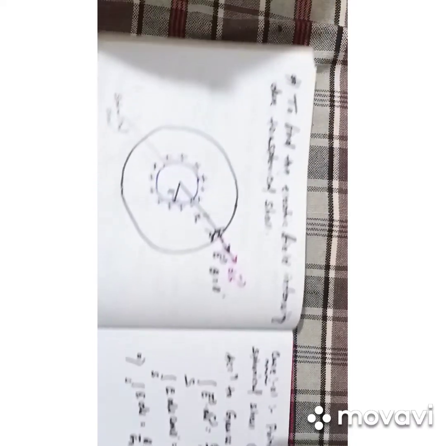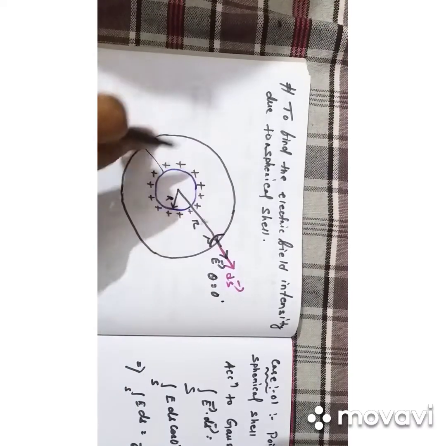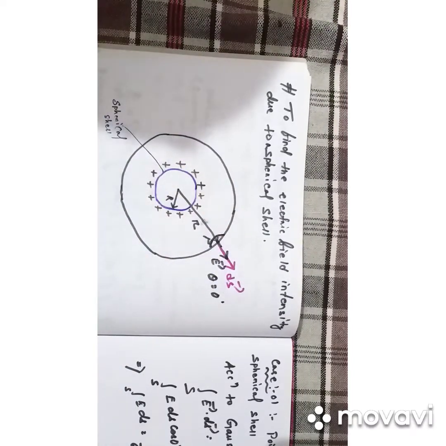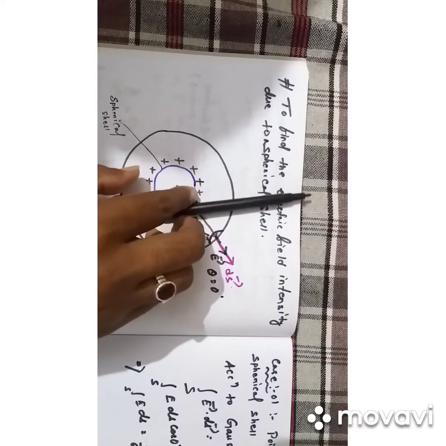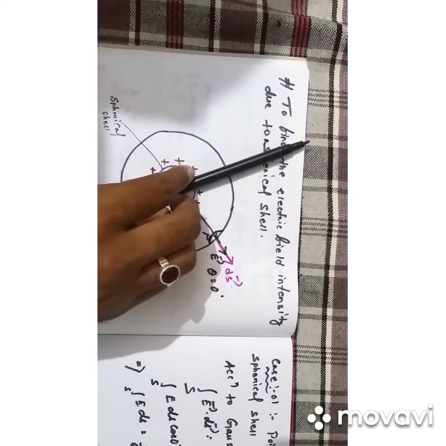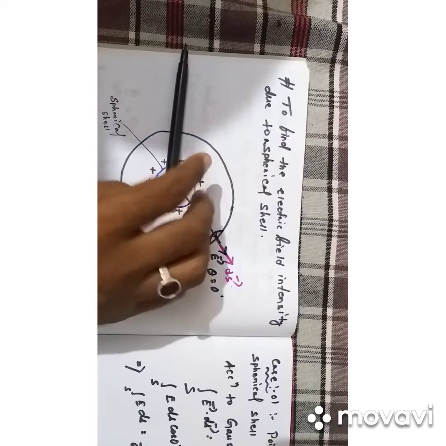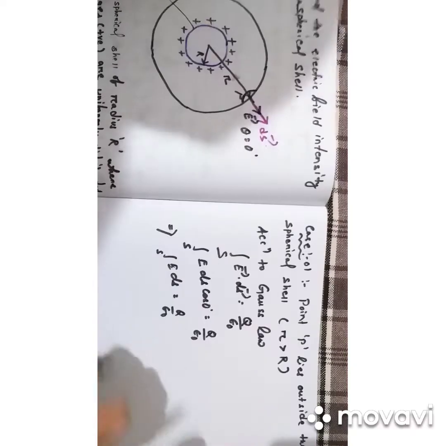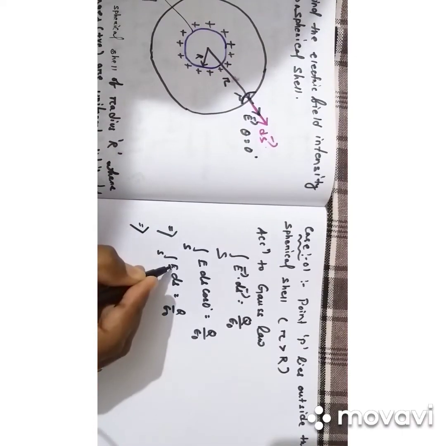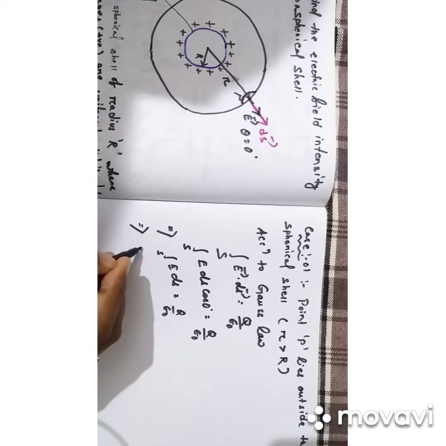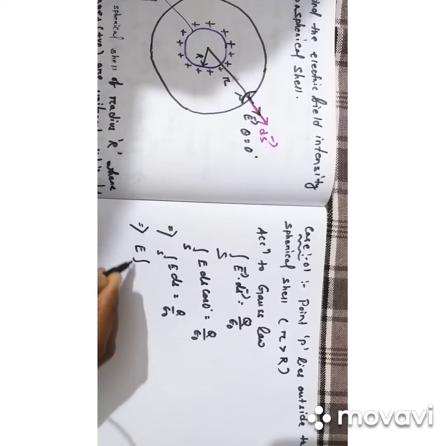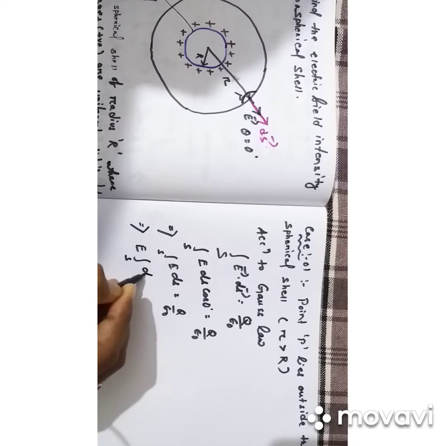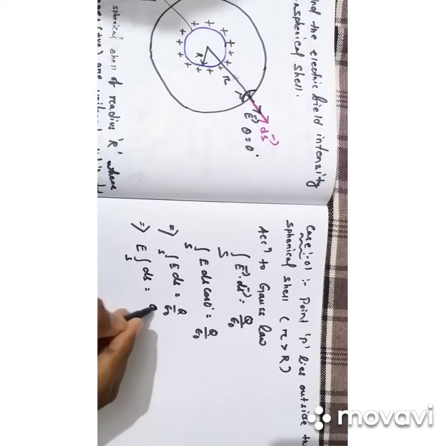We know that on the Gaussian surface the electric field remains constant because the radius of the Gaussian surface remains the same in all directions. So taking E outside, the integration of ds equals q by epsilon naught.